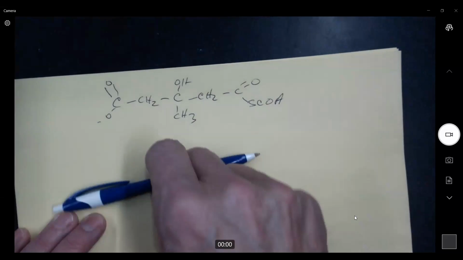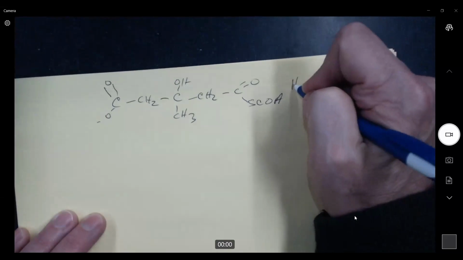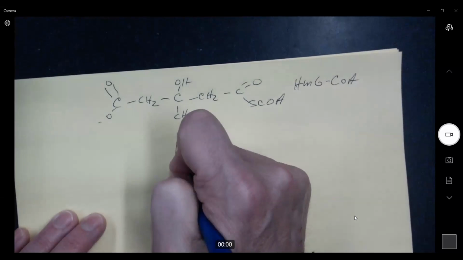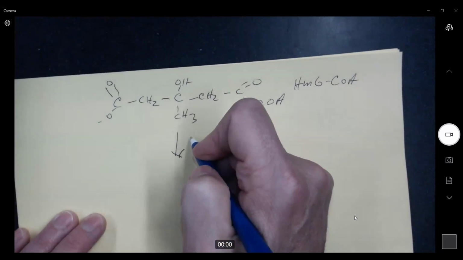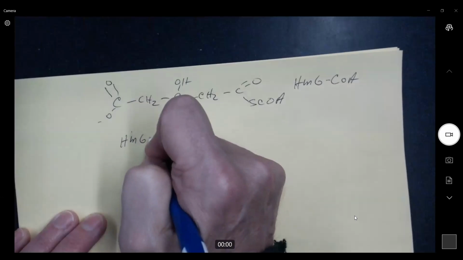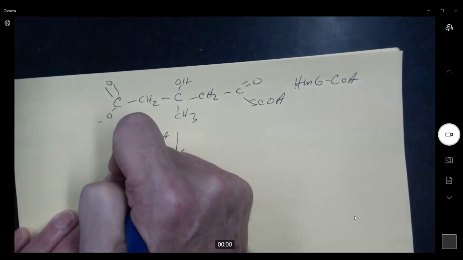Okay, this is HMG coenzyme A. Now, we're going to subject it to HMG-CoA lyase.